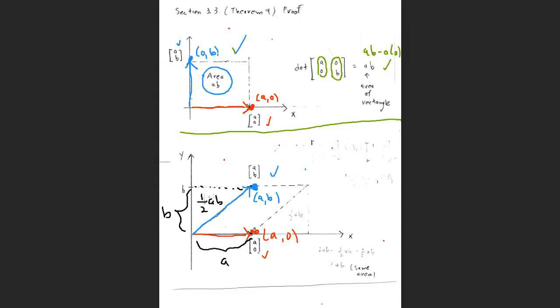And if I just complete the parallelogram like that, we have another triangle here that also has area 1/2 A times B.